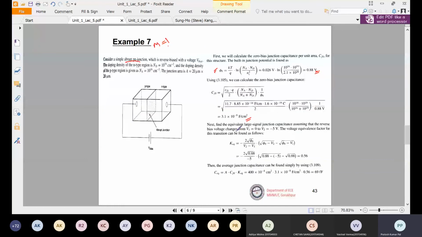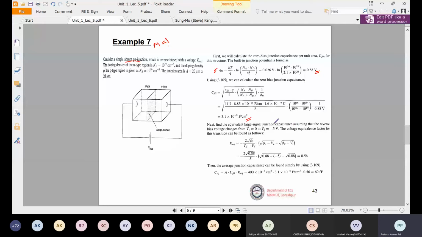Next we will find the equivalent large signal junction capacitance, assuming the reverse bias voltage changes from V1 equals 0 to V2 equals minus 5 volt.